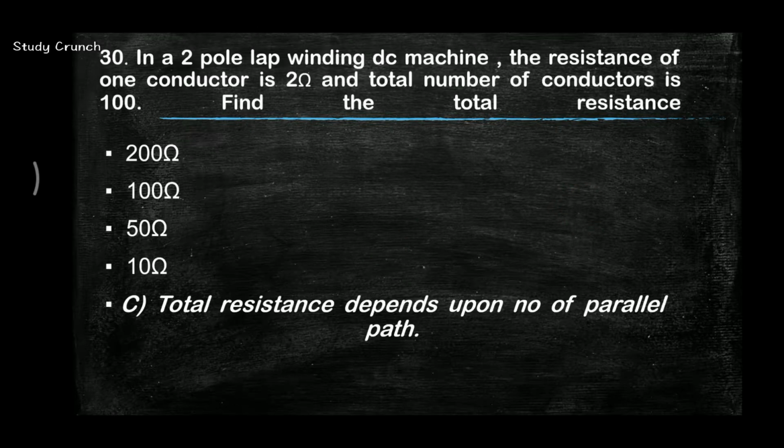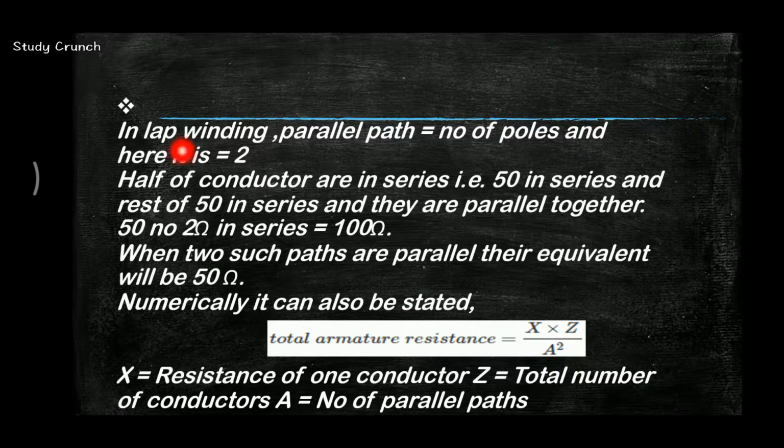Next, in a 2-pole lap winding DC machine, the resistance of one conductor is 2 ohm and the total number of conductors is 100. Find the total resistance. So we know that the total resistance depends upon the number of parallel paths, and in lap winding the number of parallel paths is equal to the number of poles, and here it is 2.